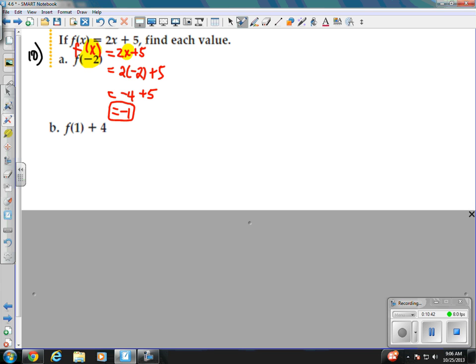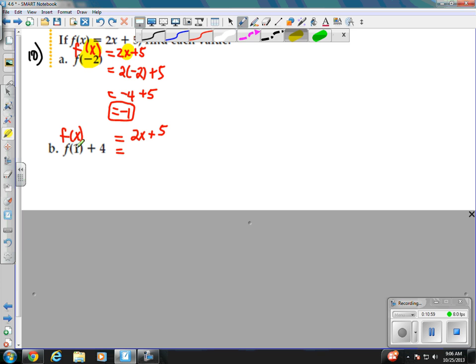Alright, part B says f of 1 plus 4. So once again, I'll match my f of x with it. I'm going to match up my equal signs and say f of x is 2x plus 5. So I'm going to replace x with 1, but this time I'm also going to tack a plus 4 onto the end of it.